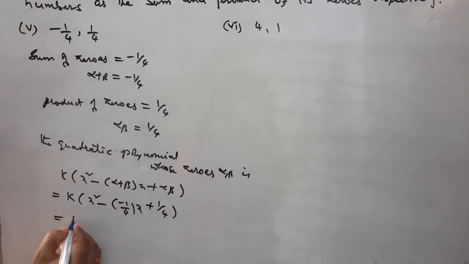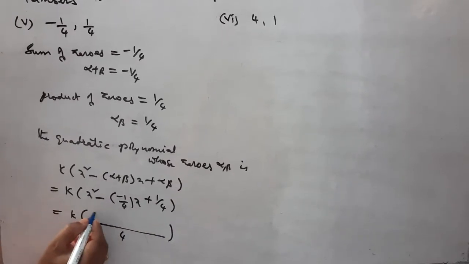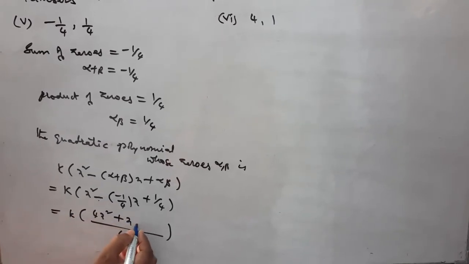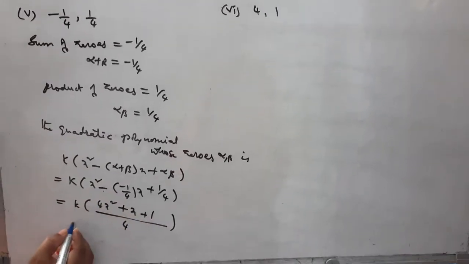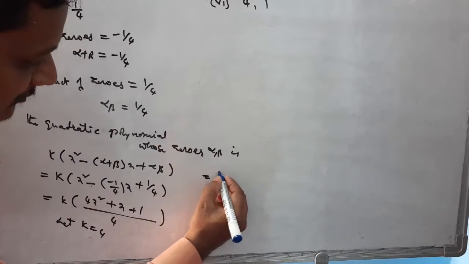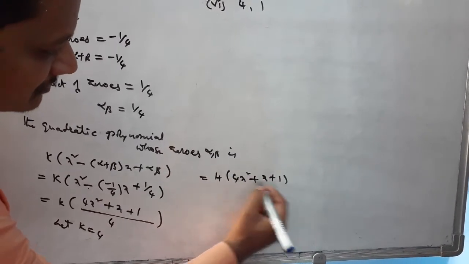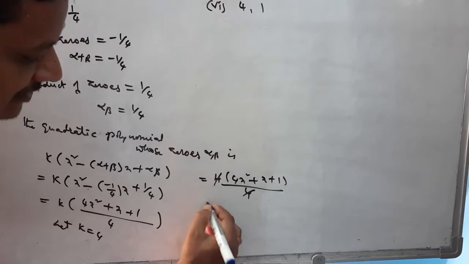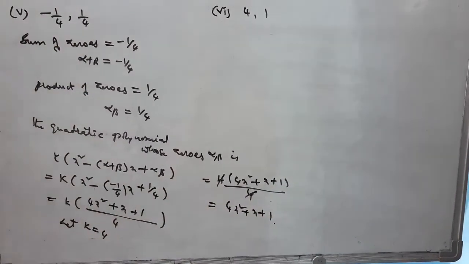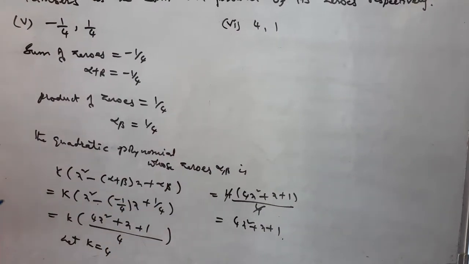So here the LCM is 4: 4x square, minus into minus plus x, plus 1. Now I am taking k equal to 4, so we get 4 into (4x square plus x plus 1) by 4. The 4 will be cancelled, that is 4x square plus x plus 1. It is a quadratic polynomial whose zeros are alpha, beta.